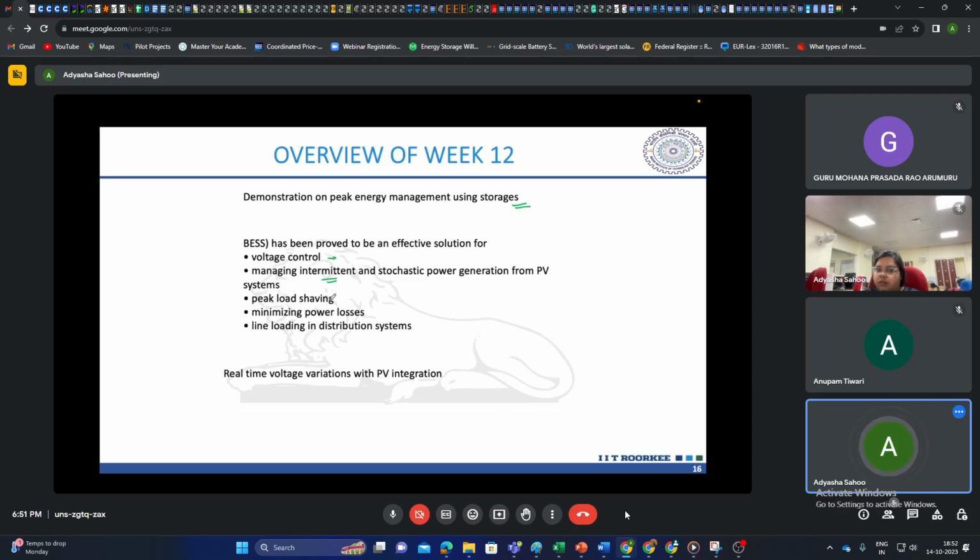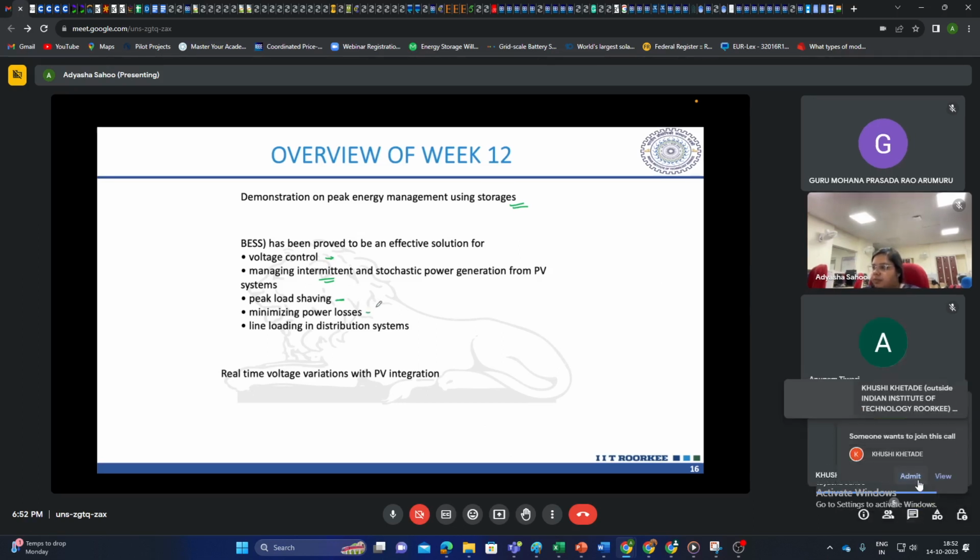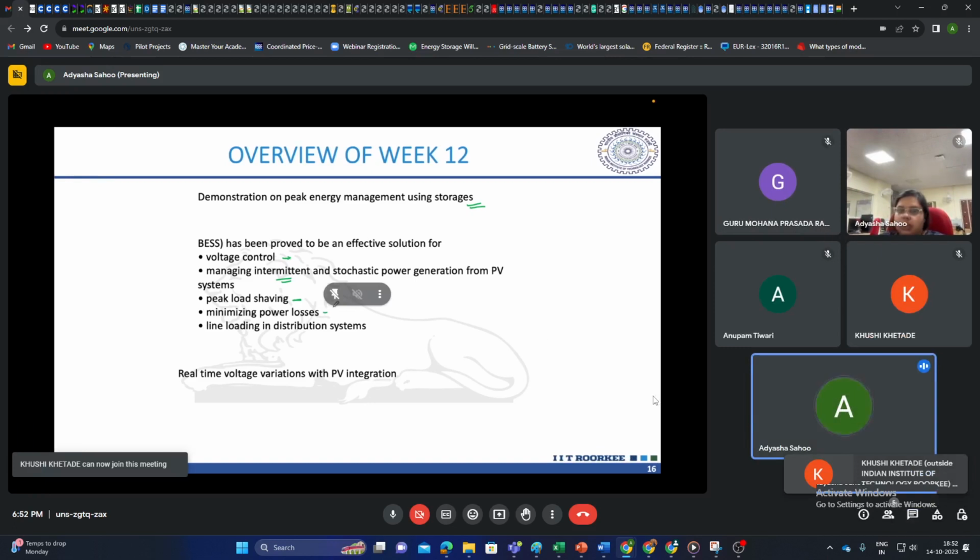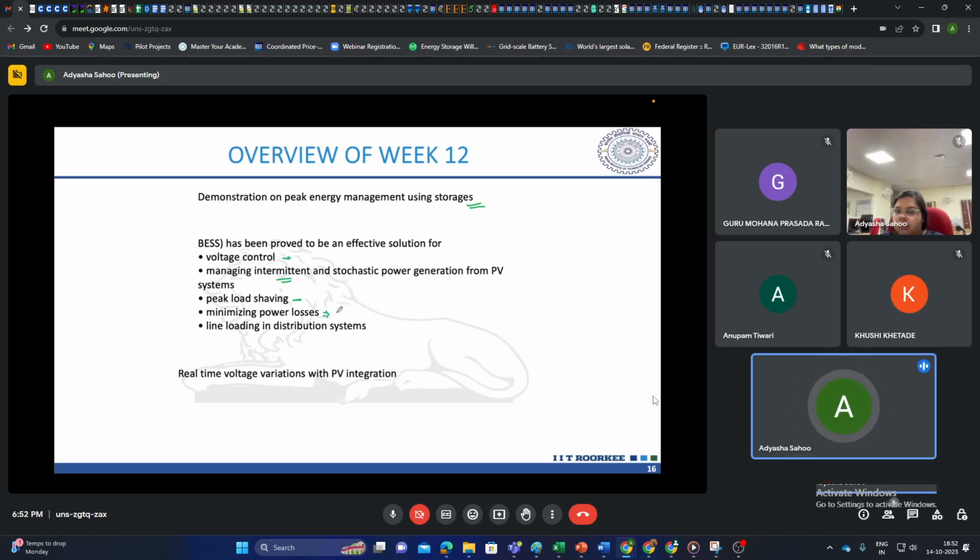They can help in peak load shaving by discharging the power. They can help in minimizing the power losses because of localized supply of power basically. And similarly, it can also help in decreasing the line loading in the distribution system.